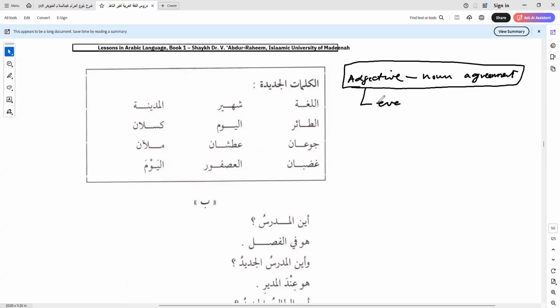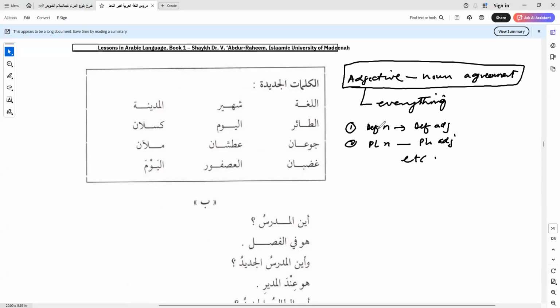That's very, very important. So if the noun is definite, you're going to have a definite noun, and then you're going to have a definite adjective. You have a plural noun, plural adjective, and on and on.